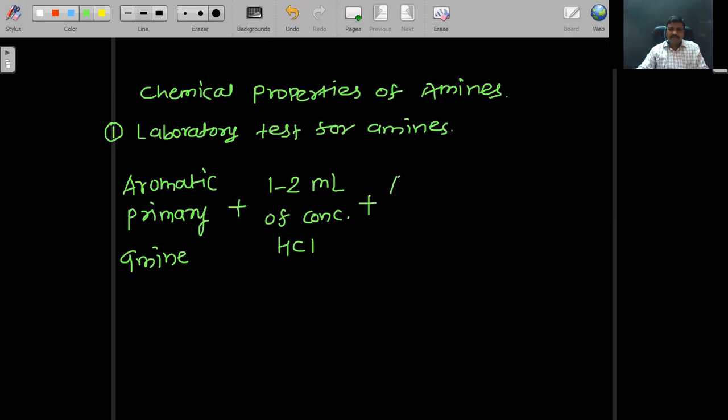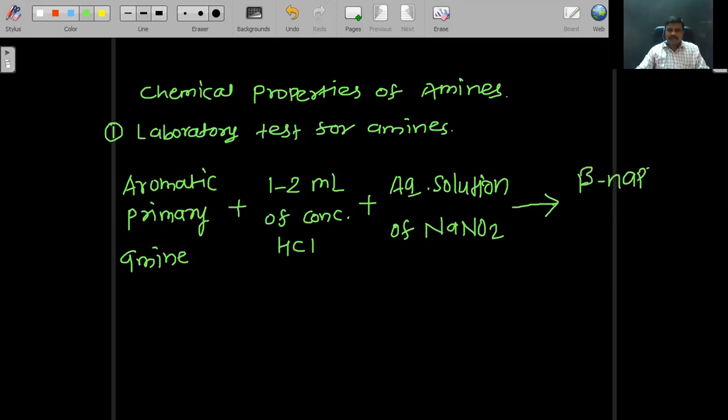This aqueous solution of NaNO2 is added with cooling. After this addition, the formed mixture is transferred into a test tube, and that test tube contains beta naphthol in NaOH.